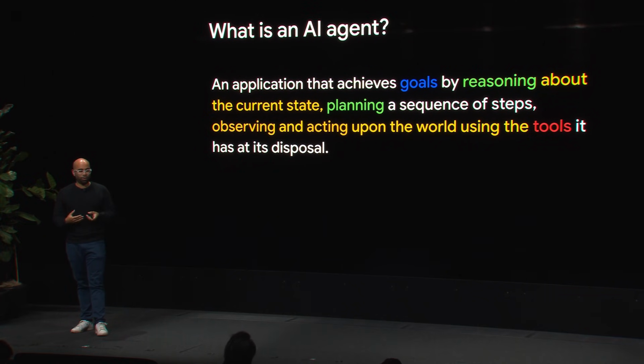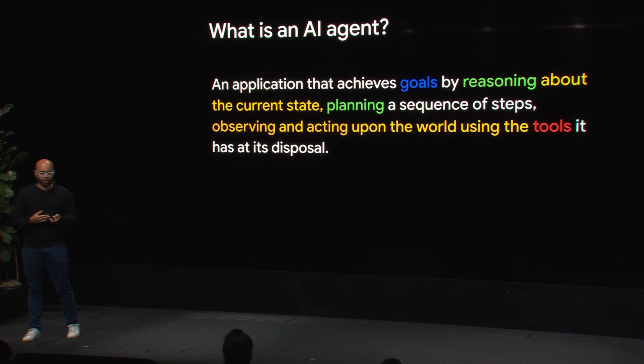And all of that while using tools that are made available. Usually AI agents are pretty complex systems, but in our case, we will basically assume that the AI agent is the Gemini LLM with some tools that are provided to the model.